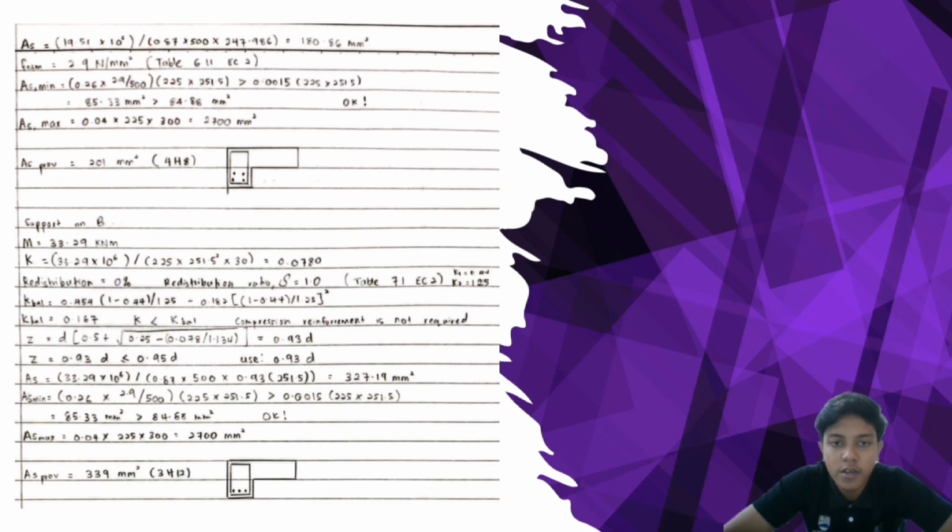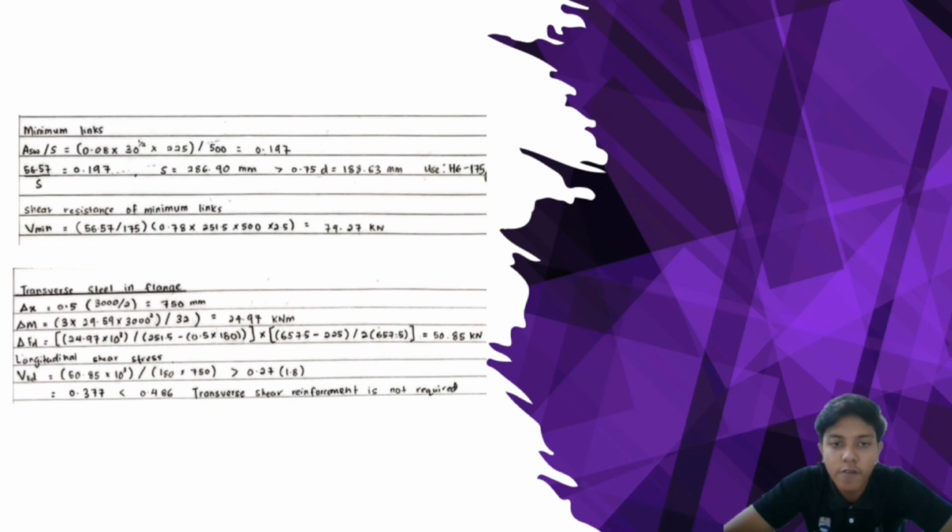We refer to the standard and choose 4 bar H8 as area provided, where the value is 201 millimeter square. For support B, the area of tension reinforcement is 327.19 millimeter square. Then we choose the area provided of 339 millimeter square, which is 3 bar H12.